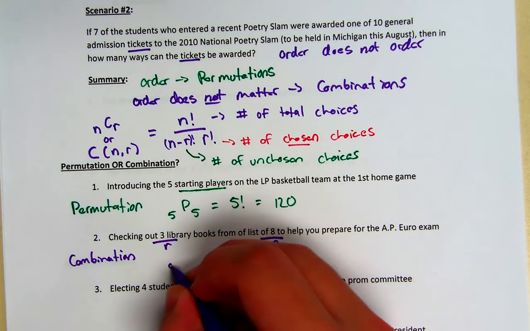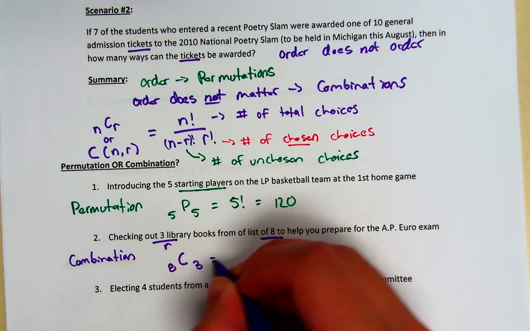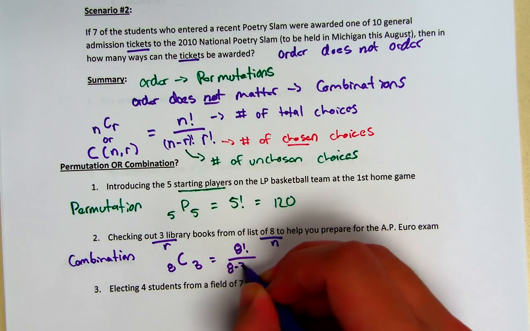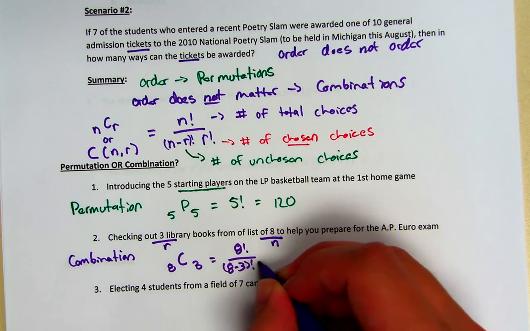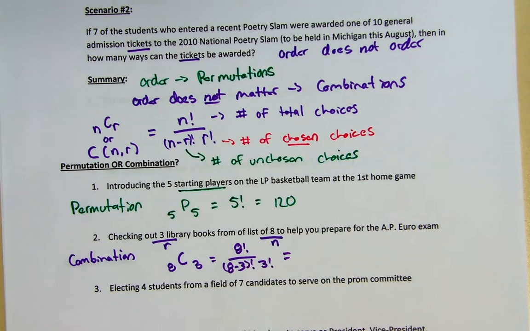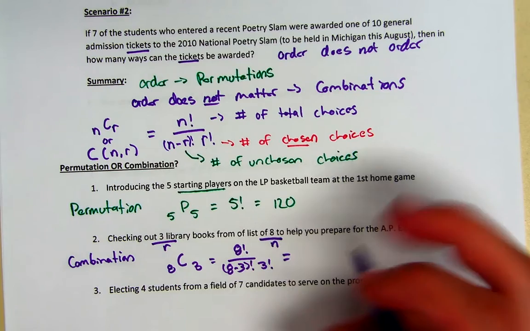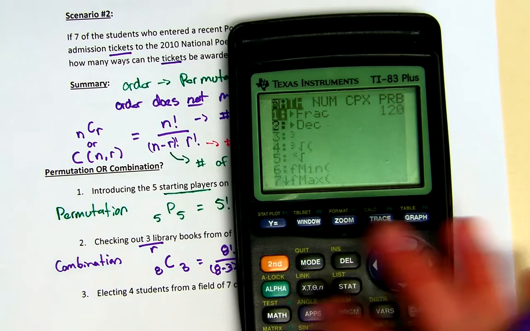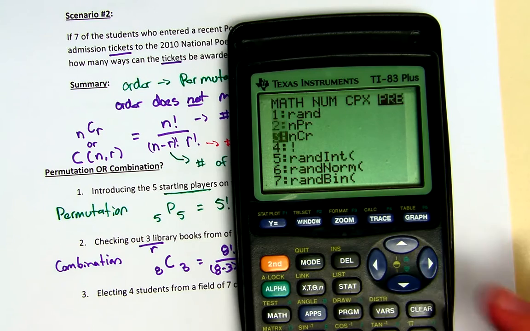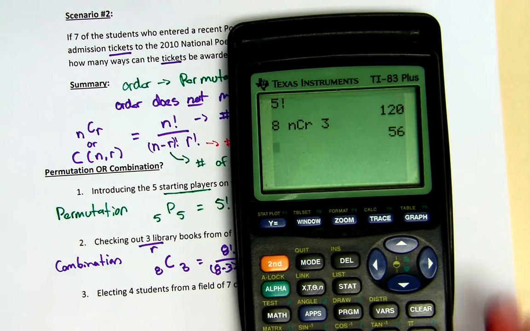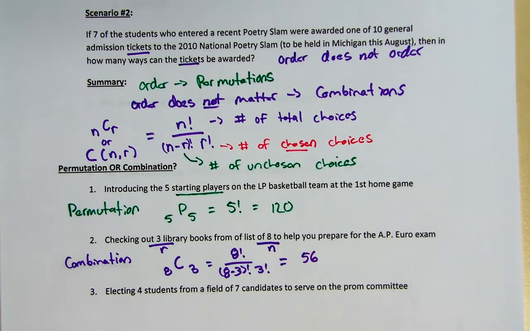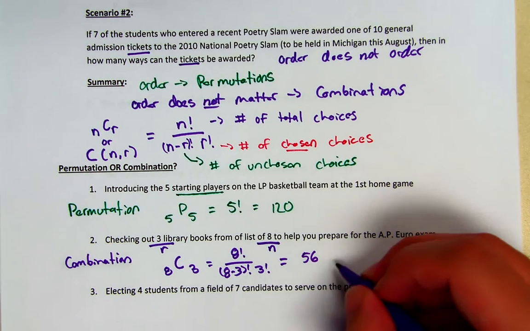So I've got 8 choose 3 books, or 8 factorial over 8 minus 3 factorial times 3 factorial. Now, yes, you can figure all this out, or you can use that 8 math, probability, choose 3. That gets you 56. Alright, so 56 ways or combinations.